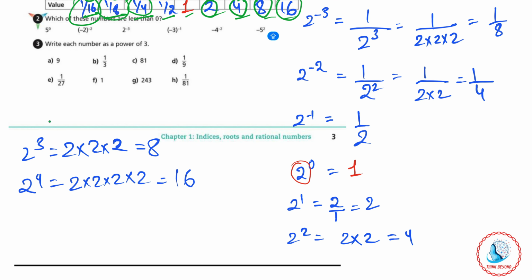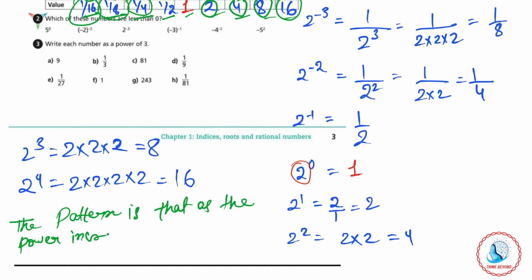So in the description, we can write: the pattern is that as the power increases by 1, the value doubles.